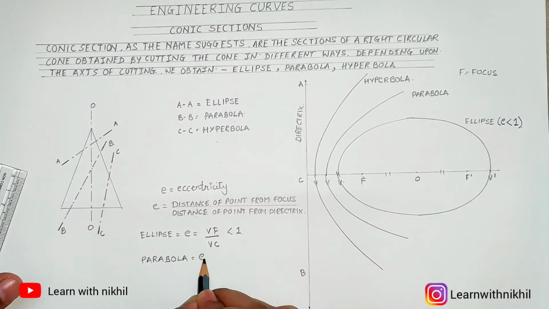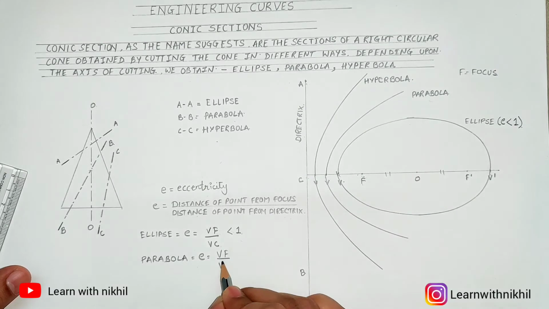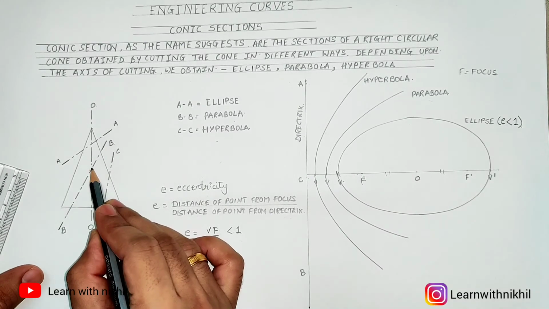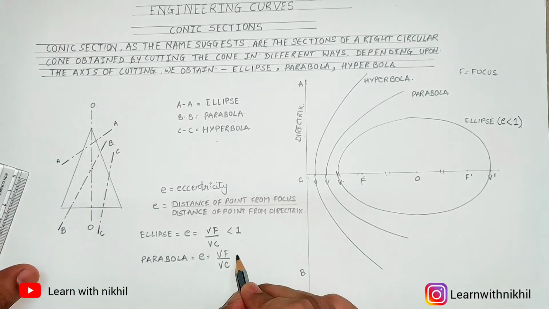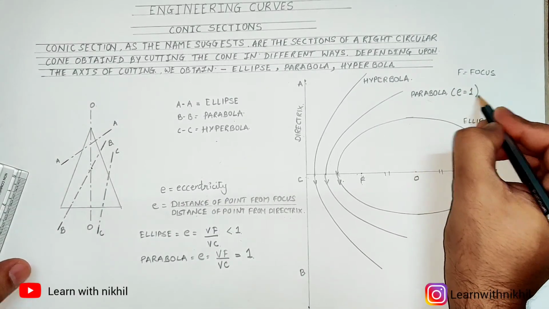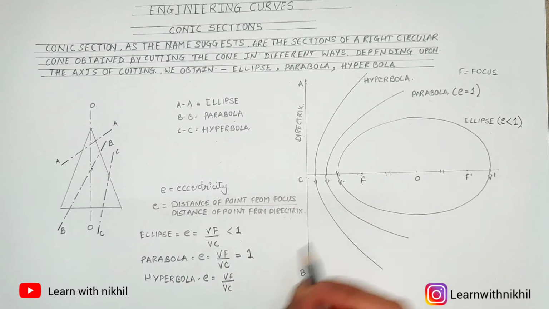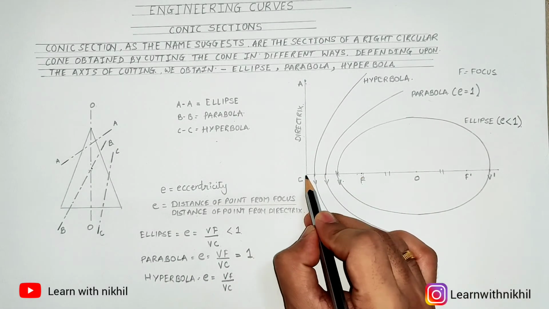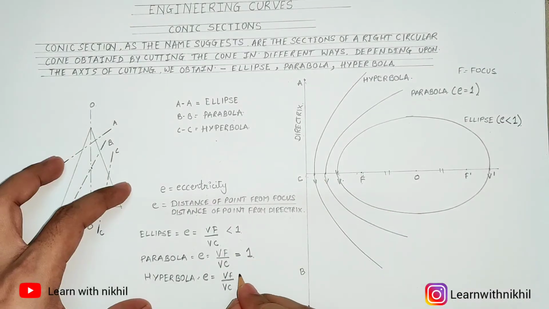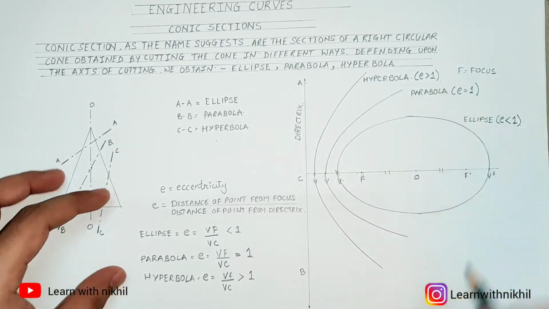Now for parabola, eccentricity again, it is the distance VF upon VC. But as you know, V is at the center. So VF distance upon VC will always be equal to 1. And finally for hyperbola, eccentricity, if you see, the VF distance is much greater than the VC distance. So after the division, it will always be greater than 1.